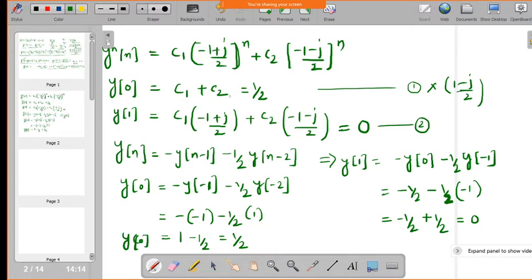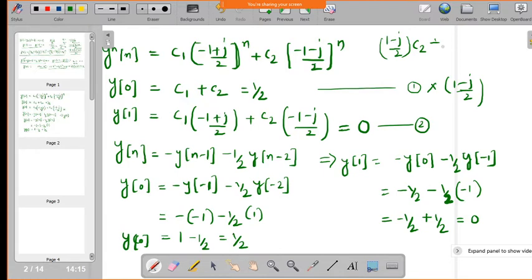So multiply and put the value of C2, that is 1 minus j by 2 into C2. Because we are multiplying by the opposite, you just add the equations.